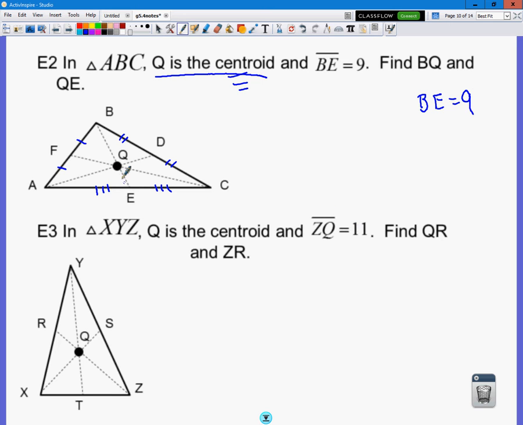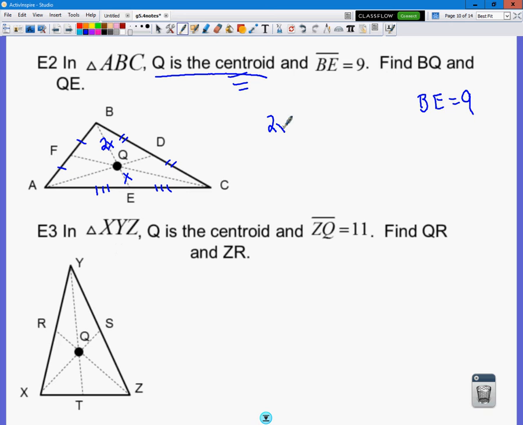Do we know how big QE is? If I don't know how big it is, what would I put there? How about a variable? If I call this x, how big would this one be? Not x2, but what? 2x.